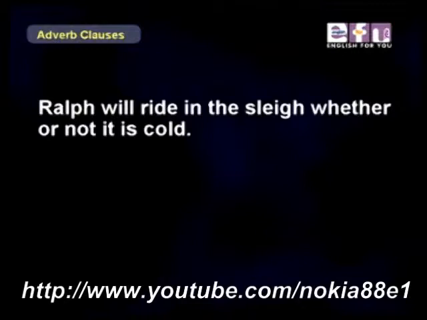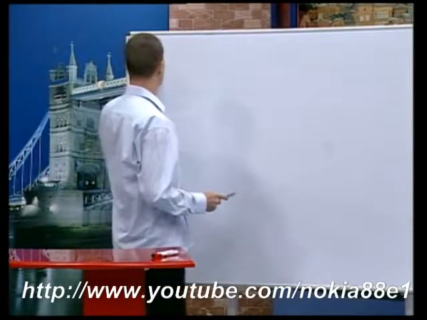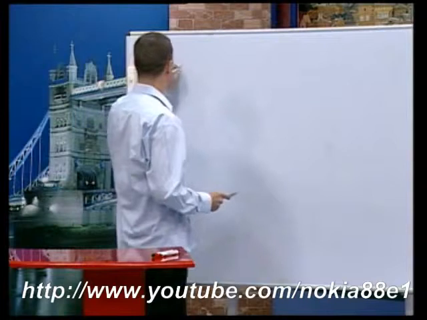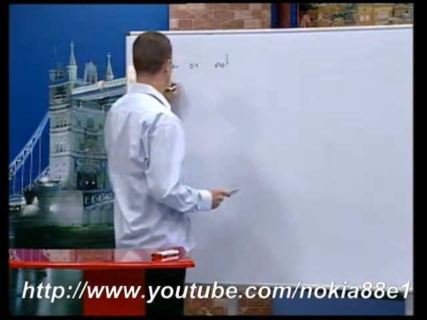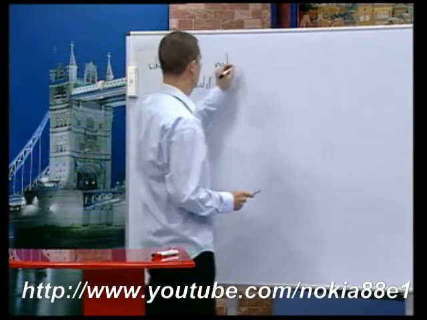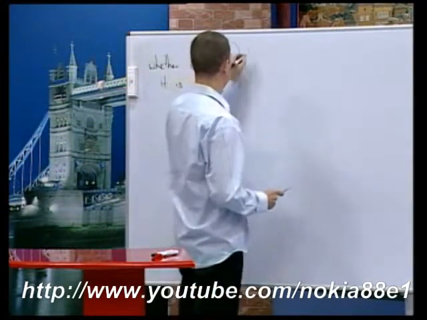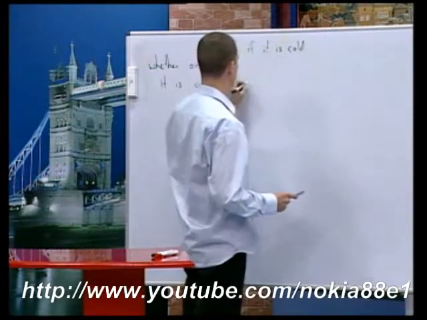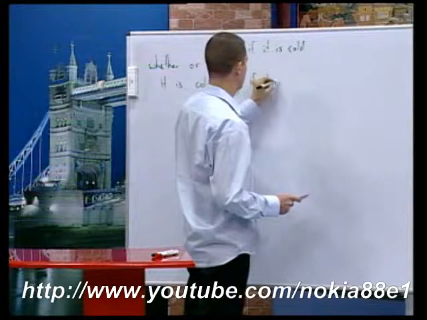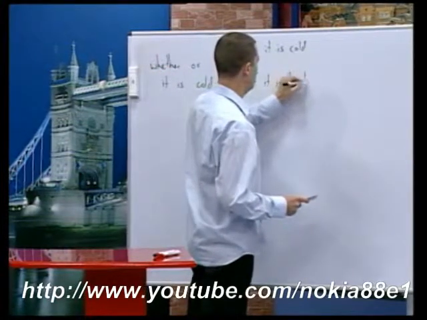In the first sentence, if it is cold, Ralph will ride in the sleigh. If it's not cold, Ralph will ride in the sleigh. Let's look at it on the board. Let's think: whether or not it is cold. This means if it is cold, if it isn't cold.